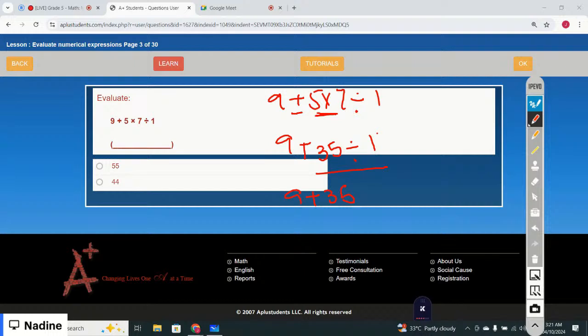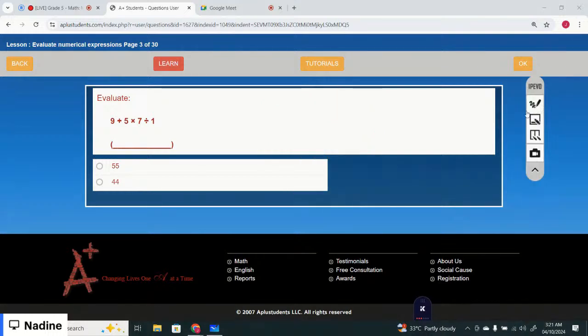That is 44. Option number 2 is the correct option.